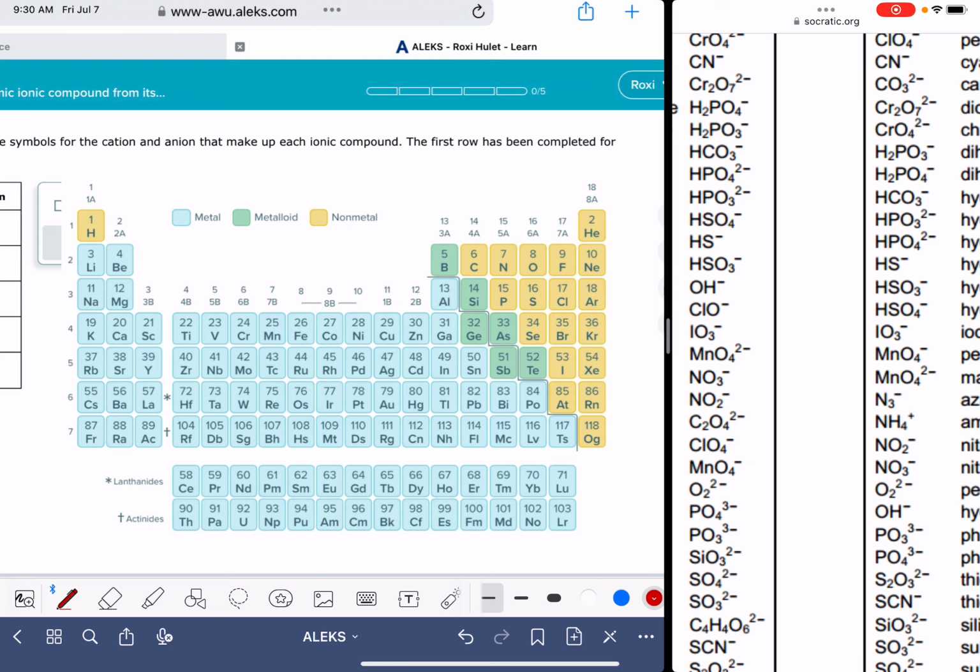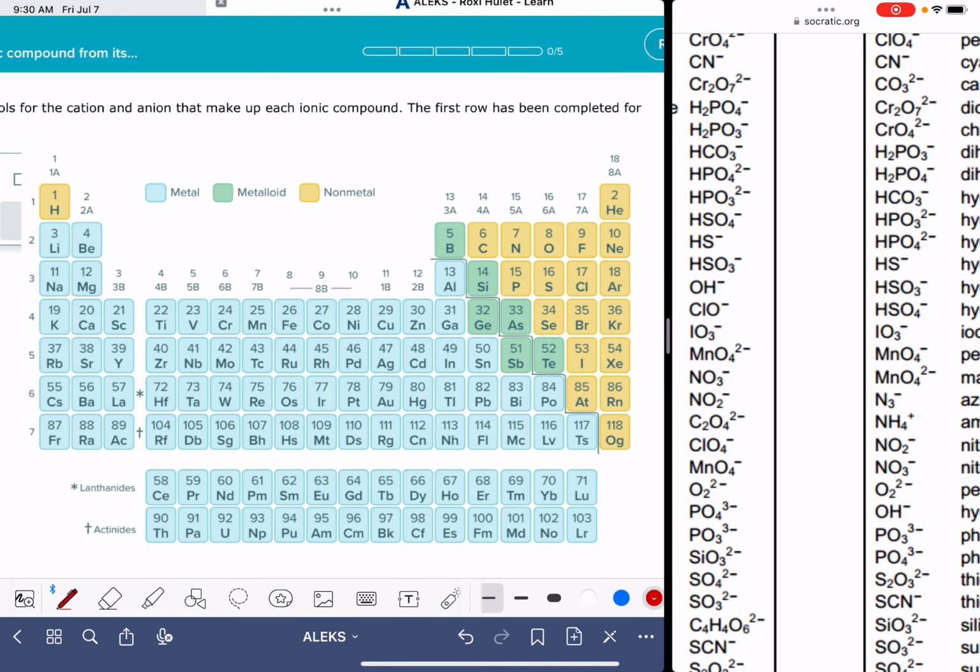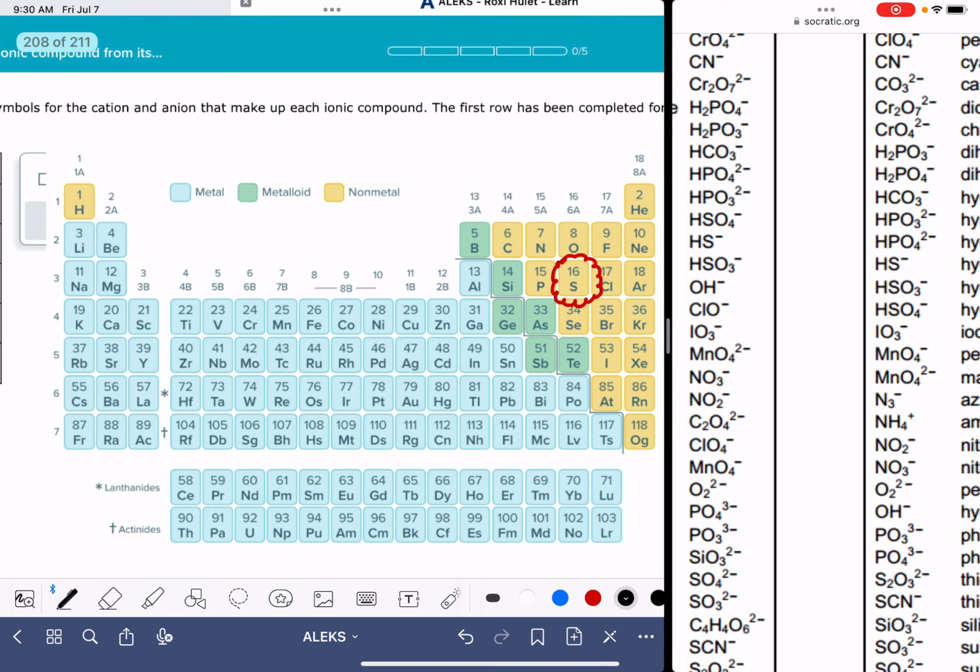A lot of the elements have predictable charges that we can predict based on their location on the periodic table. So here is sulfur. And sulfur is in an area of the periodic table where we can really easily predict its charge. Here's a little trick that I use. +1, +2, +3, skip the next column, -3, -2, -1, skip the next column.